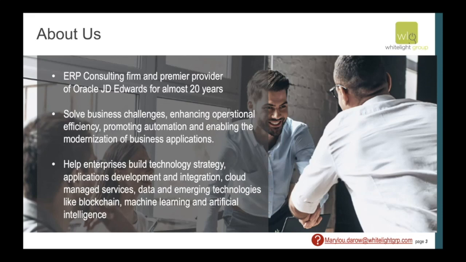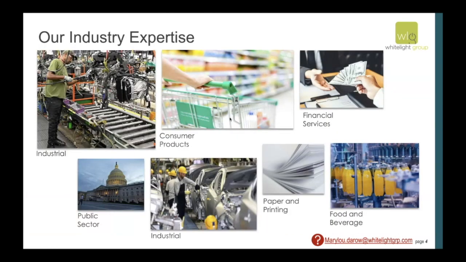A little bit about White Light Group. White Light Group is a consulting firm. We use software solutions to optimize business processes, and we've been doing this for just under 20 years now. We have offices in Wisconsin and Illinois, and our customers are primarily headquartered in the Midwest. However, we do work with global companies as well.